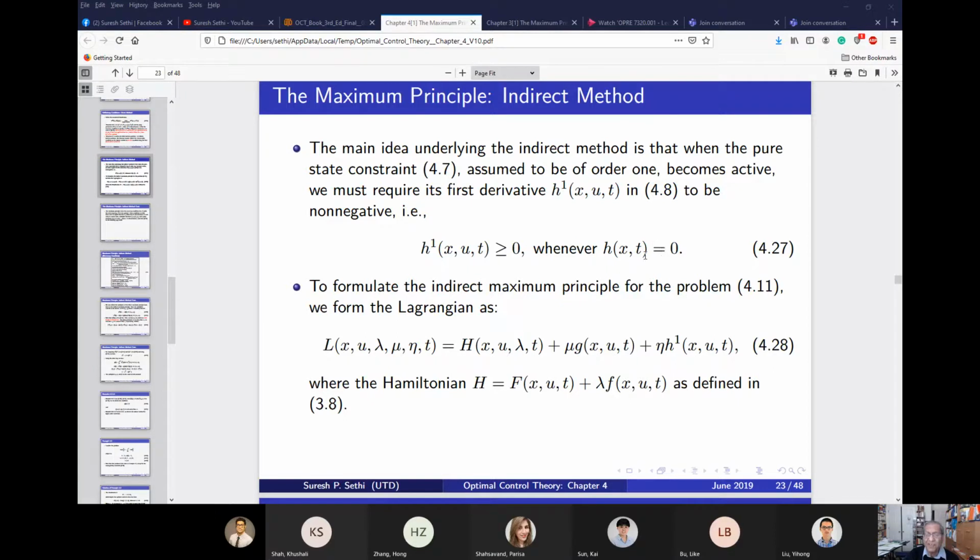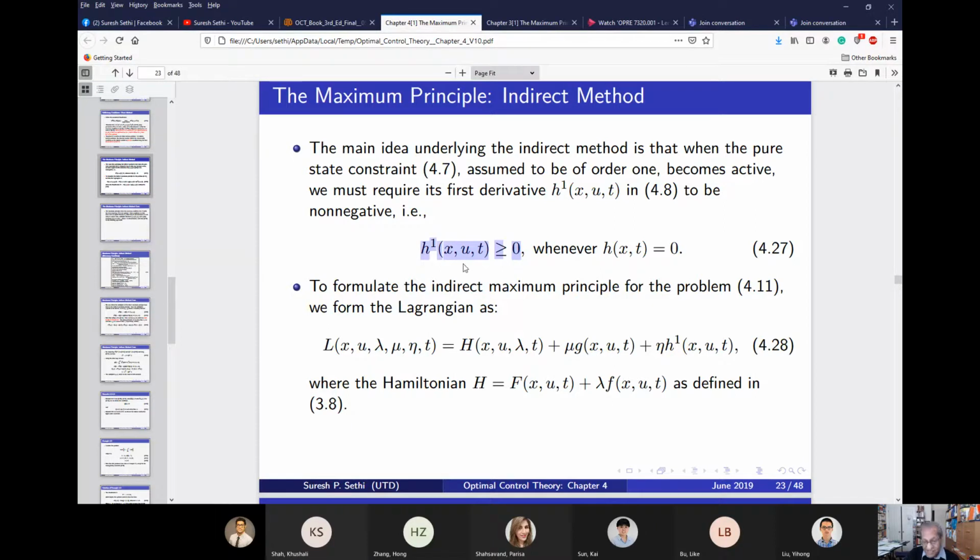That means when this is bigger than 0, I don't need to control x at that time, because I'm in the interior and, for the small amount of time in the next interval, I will stay in the interior. So I don't need to apply any constraint. However, if it's on the boundary, then I must say that the derivative of this boundary has to be bigger than or equal to 0. So that's the constraint I apply.